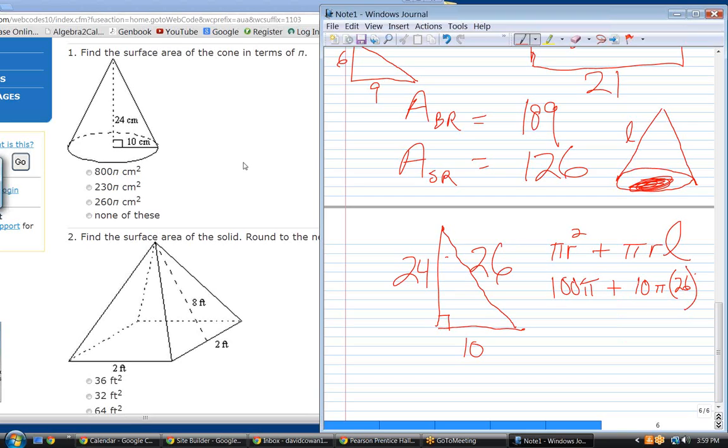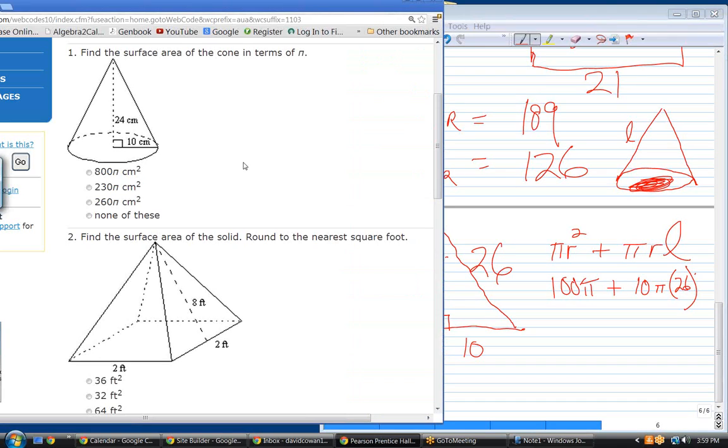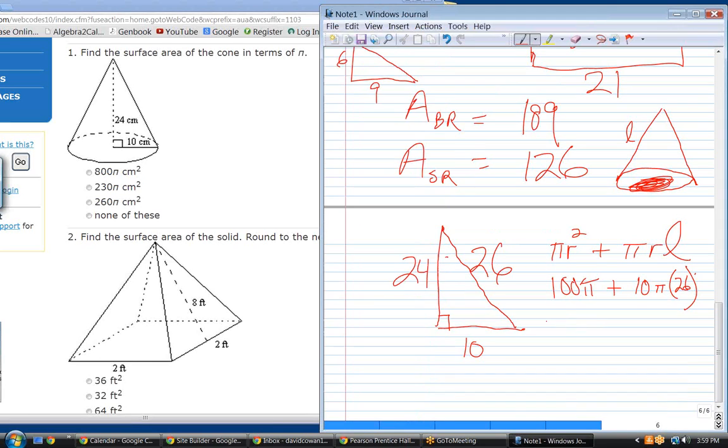All right. How would that get 260? Well, it's 10 times, it's the radius. The radius is 10. That's pi, and this is 26. So 10 times 26 is 260.